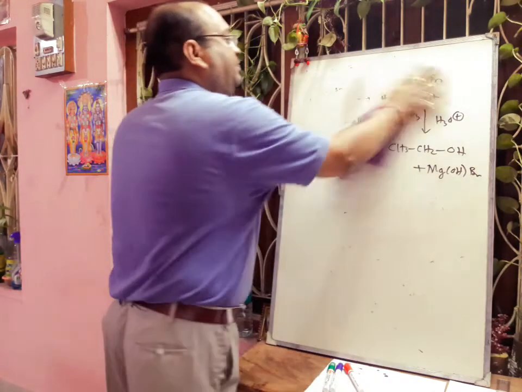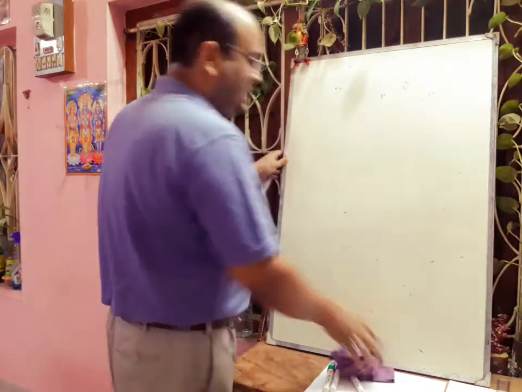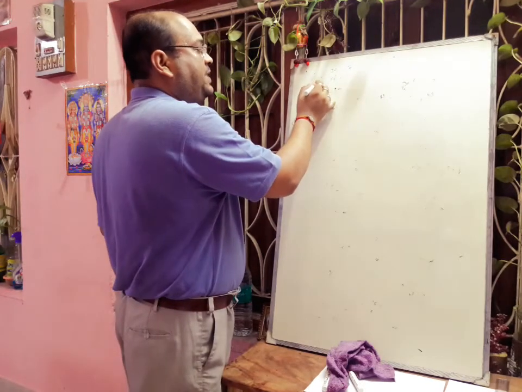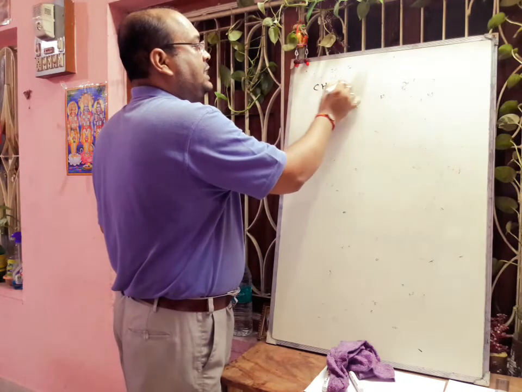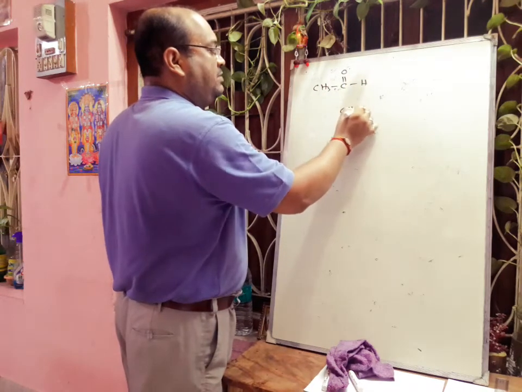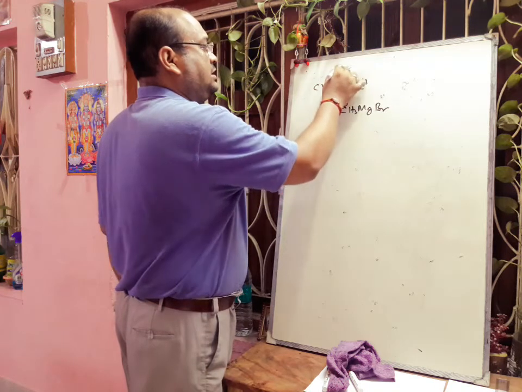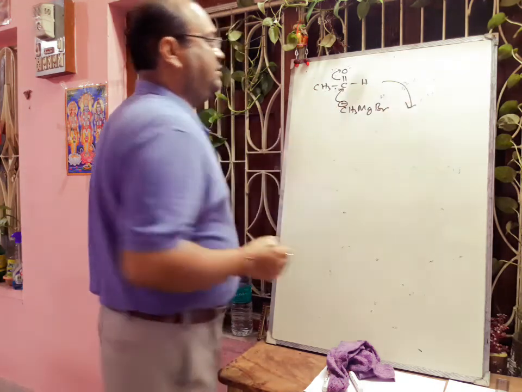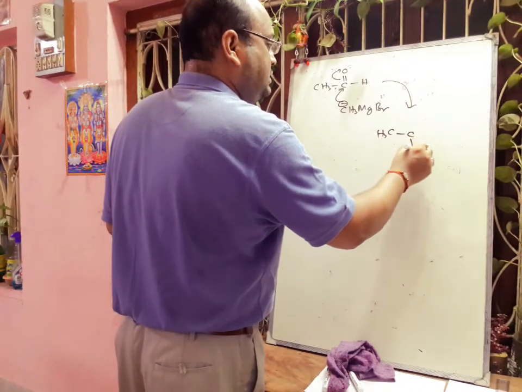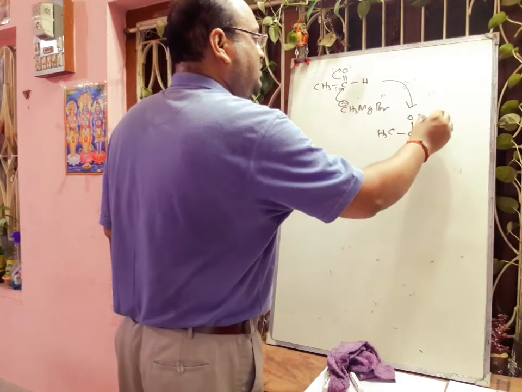Next, if we use acetaldehyde, then by using Grignard reagent we can prepare secondary alcohol. Here also we are using methyl magnesium bromide. So this methyl will attack here, and finally we will get CH3CH(CH3)OMgBr.